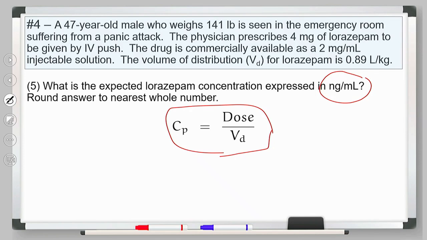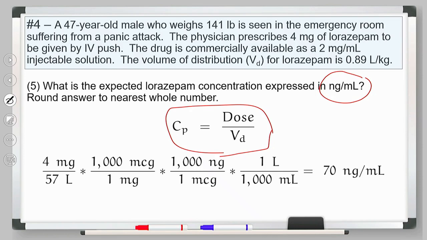This is an easy one to start off with because how much did we say we gave this guy? 4 milligrams. We know the dose. The dose is 4 milligrams. We just calculated the volume of distribution at 57 liters. That's your answer. That is your drug concentration expressed in milligrams per liter, but I don't want milligrams per liter. I want nanograms per milliliter.